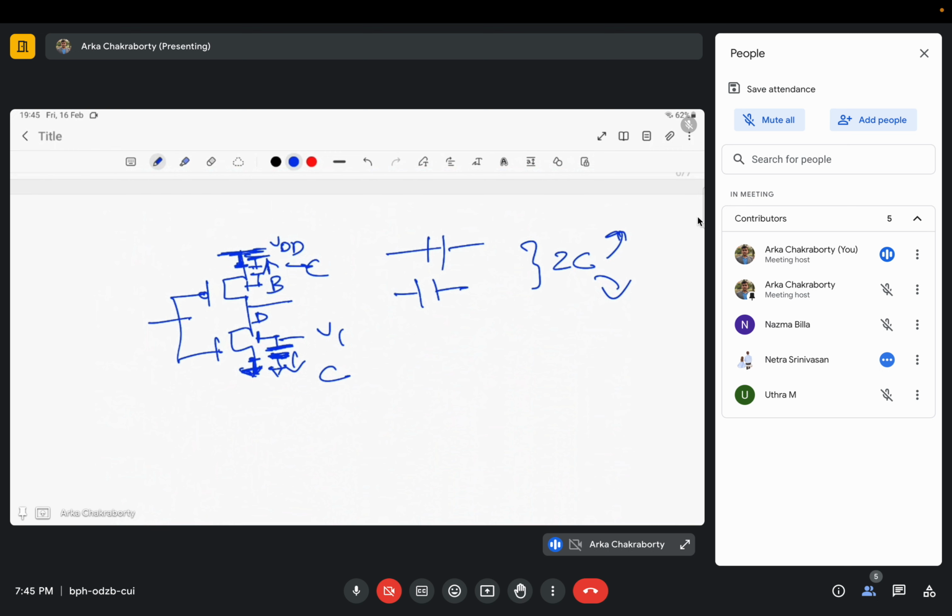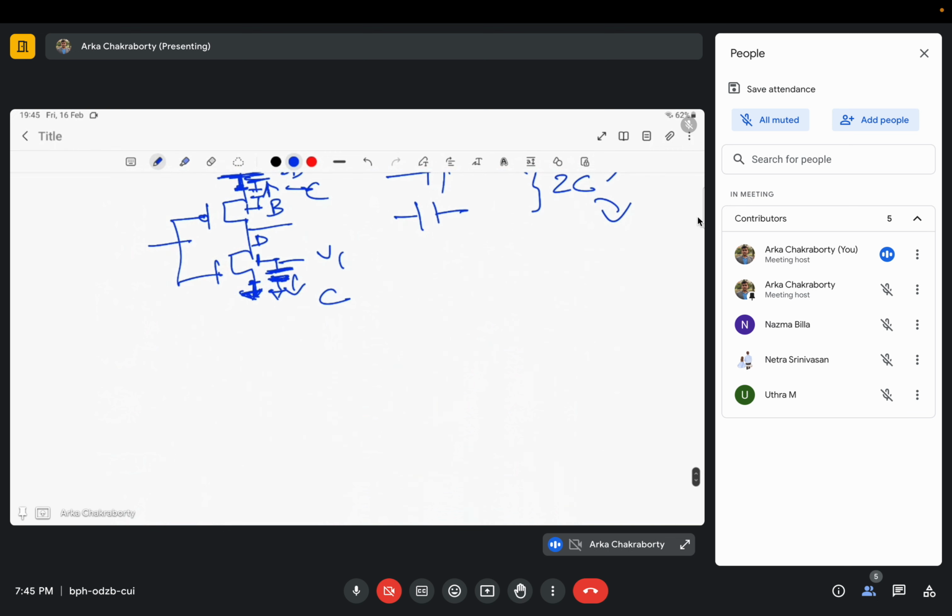Okay, it was for a NOR gate. See, in a NAND gate, the contamination delay basically means the best case or smallest delay, and the propagation delay means the worst case delay or the highest amount of delay that your circuit can encounter.